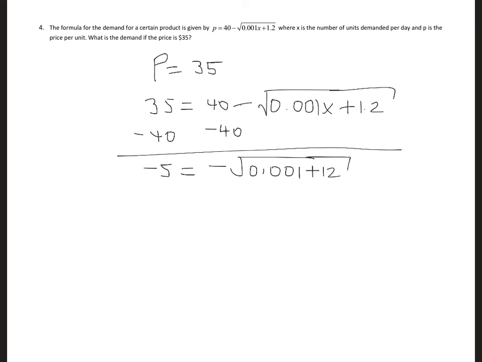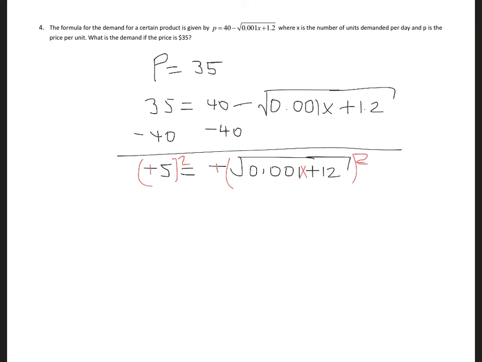And then I can divide by negative 1. So when I divide by negative 1, note that that becomes positive. And then I'm going to square that, and then what do I get? I forgot to put x right there.